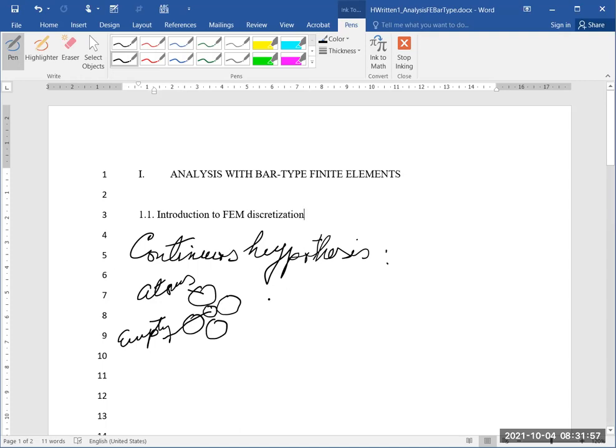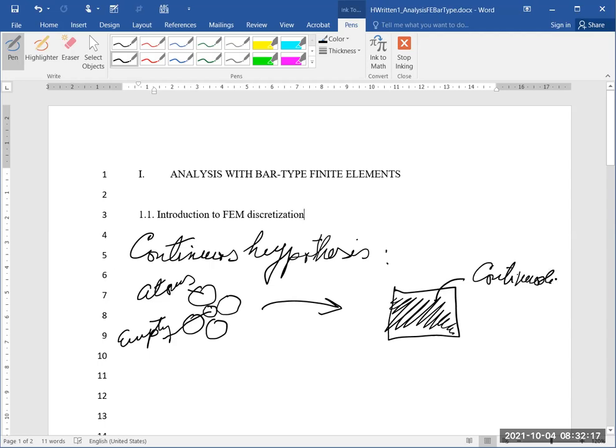So instead of this, we accept the continuous hypothesis. We assume that if we have this piece, the matter will be continuously distributed.